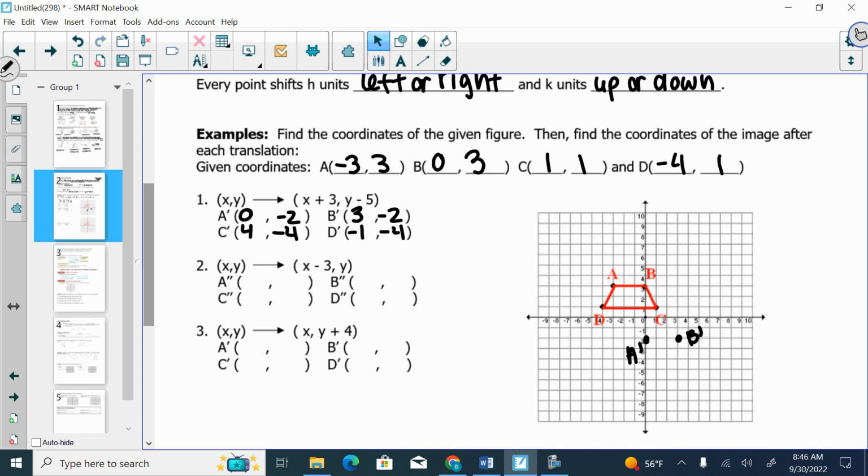And C is at 4, negative 4. And D is at negative 1, negative 4.